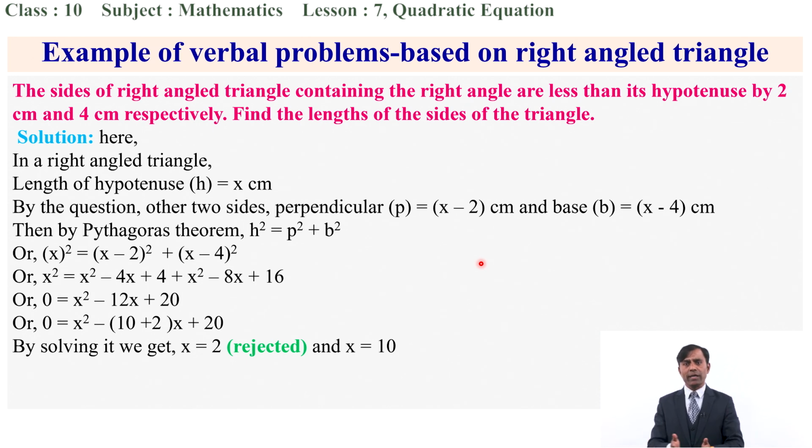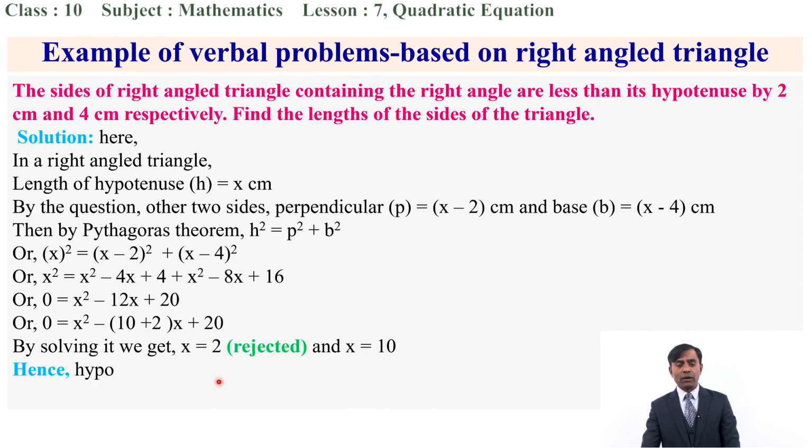Have you seen it anywhere, any time, in any class? No. And similarly, one more interesting point: base b, when you take x is equal to 2, is 2 minus 4, that is minus 2 centimeter. A side length of a triangle cannot become minus 2. This is impossible. So x is equal to 2, although positive, is also rejected. And x is equal to 10, which is positive, is accepted.